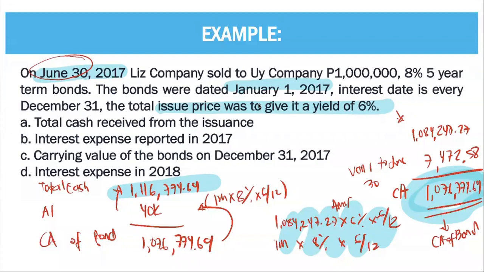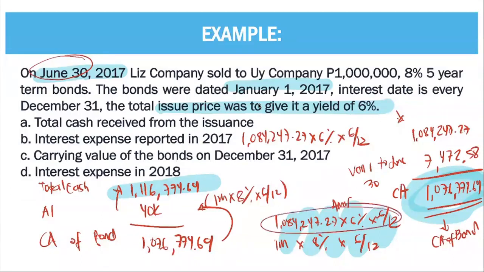So the total interest expense is equal to, no, it's only 1,084,247.27 times 6% times 6 over 12. Sir, why do we need to multiply it to your 6 over 12? Because again, guys, half year lang, half year lang. Kasi yung half year nandito na, half year lang dito from June to December.